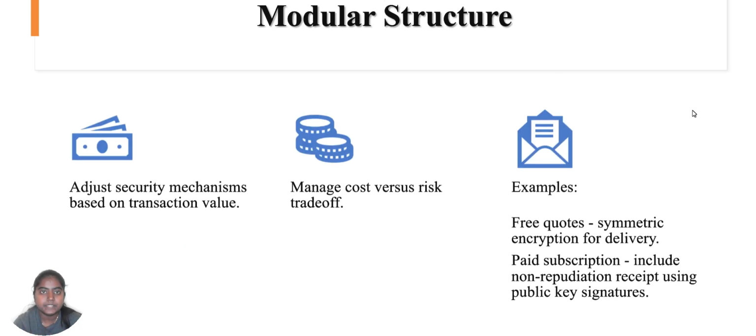Next, coming into the next slide. This serves to be a modular structure here, as we have already discussed. Depending on the transaction value, security is managed. Like the higher the transaction, the higher the security provided, and the lower the transaction, the lower the security provided here. It can also manage the cost depending on the risk. So this serves to be an advantage here.